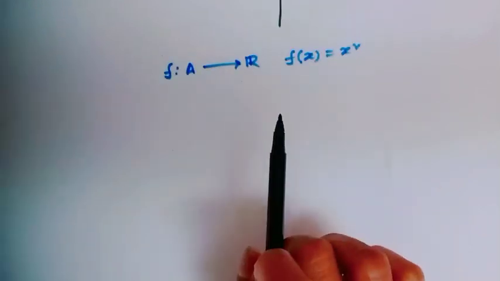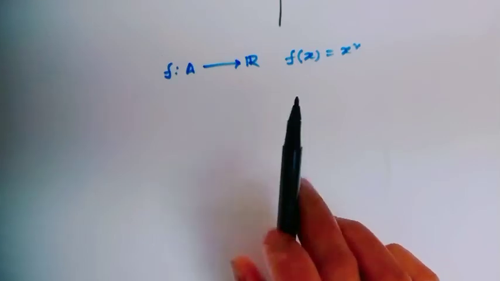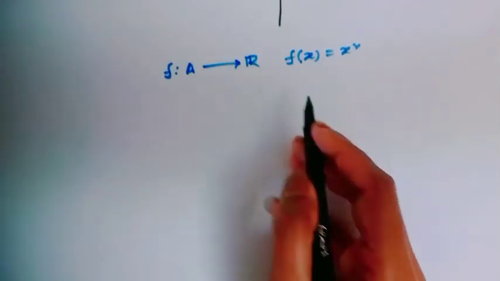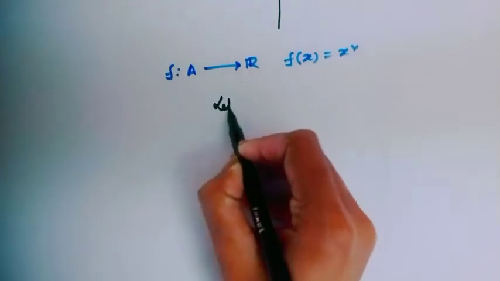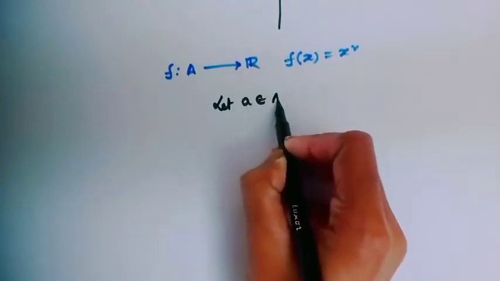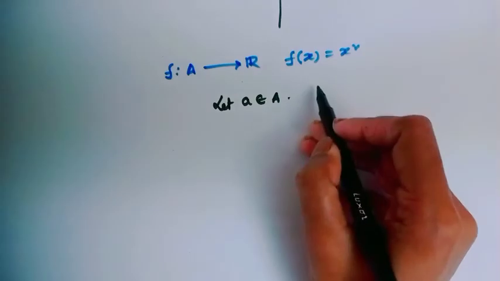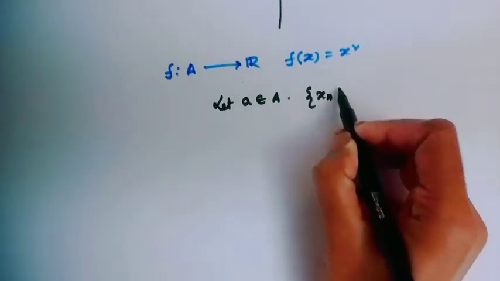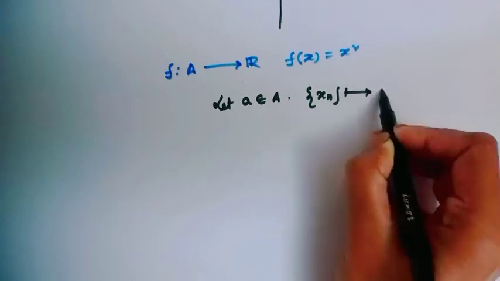So this function is always continuous. Now check the sequential criterion. Let small a belong to capital A and choose a sequence which converges to a.